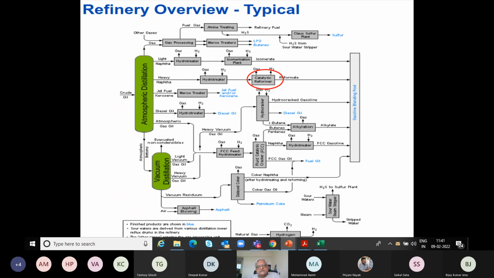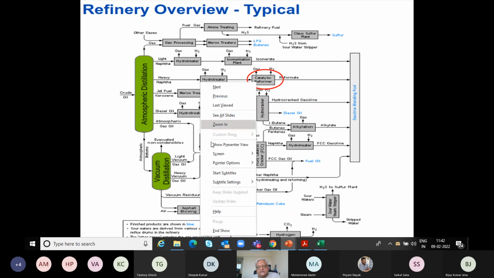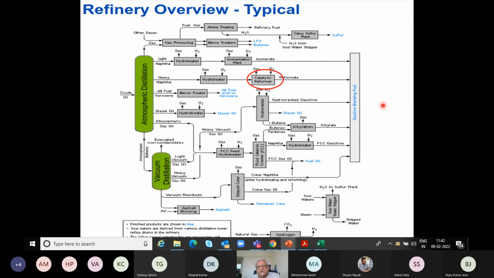So as always, whenever I start something new, I'll start with this particular slide in order to get your gears in place in terms of what it is that we are talking about.